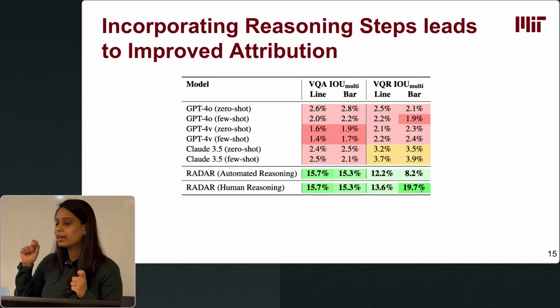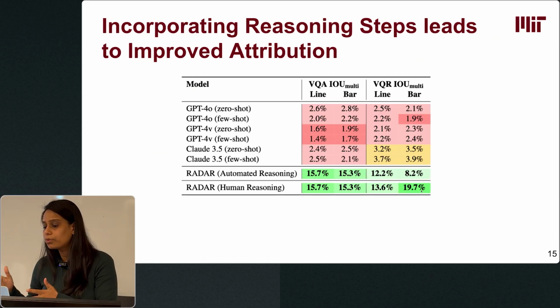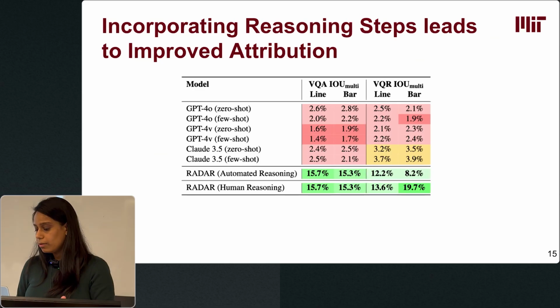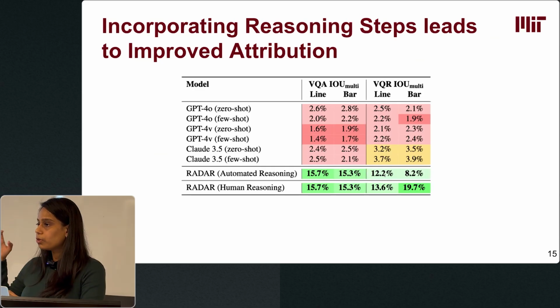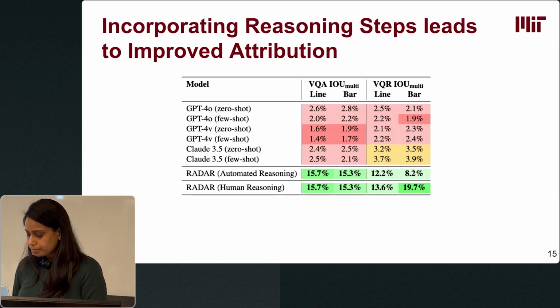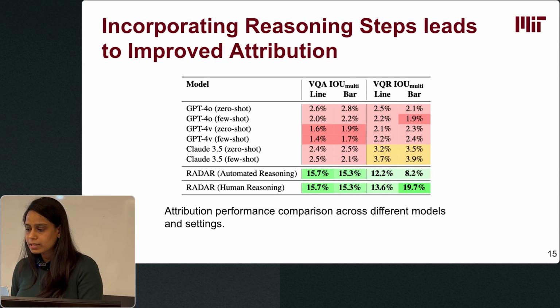Incorporating reasoning steps led to improved attribution in bar charts and line charts. It reduced a bit when we removed the human component and had the machine generate the reasoning. So that's the result we had from incorporating reasoning steps that led to improved attribution.